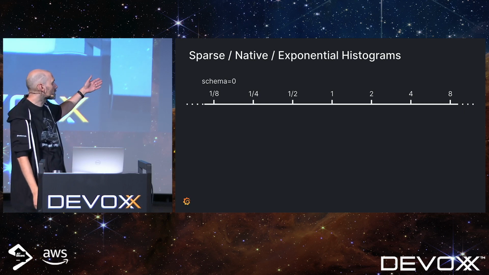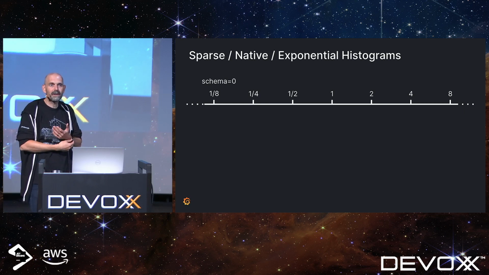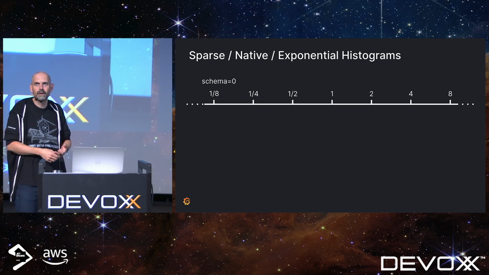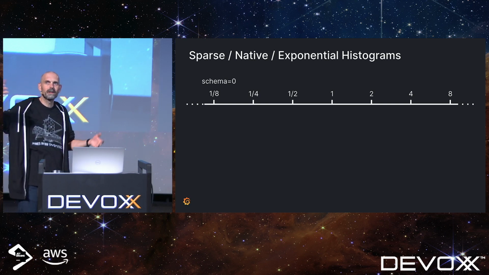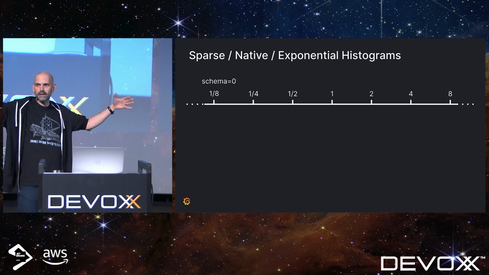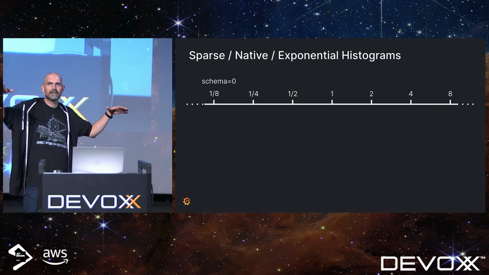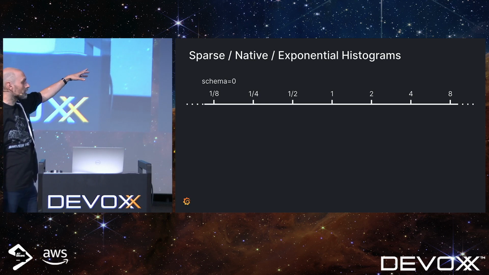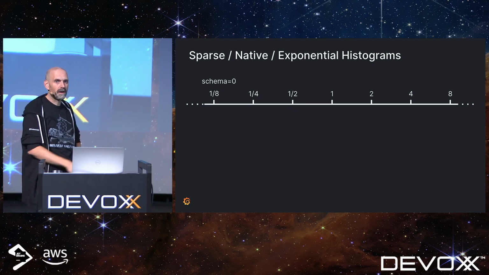And if you have such a histogram, the idea is no matter what the order of magnitude is that you are measuring, whether it's nanoseconds or microseconds or milliseconds or maybe years, you will always have a certain number of buckets in your order of magnitude. So that's actually good.